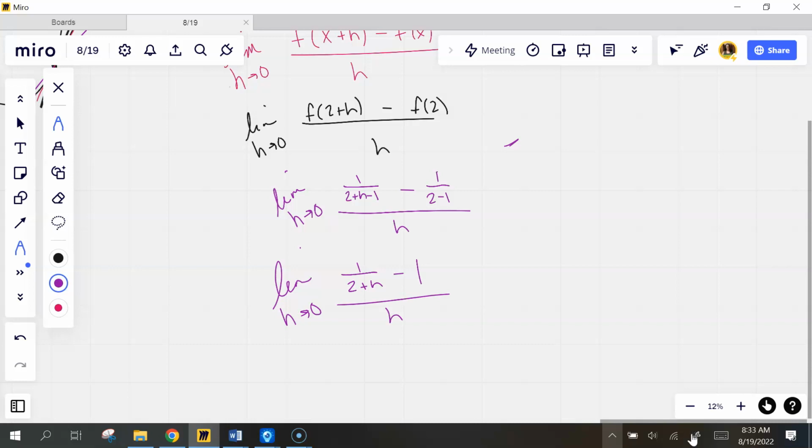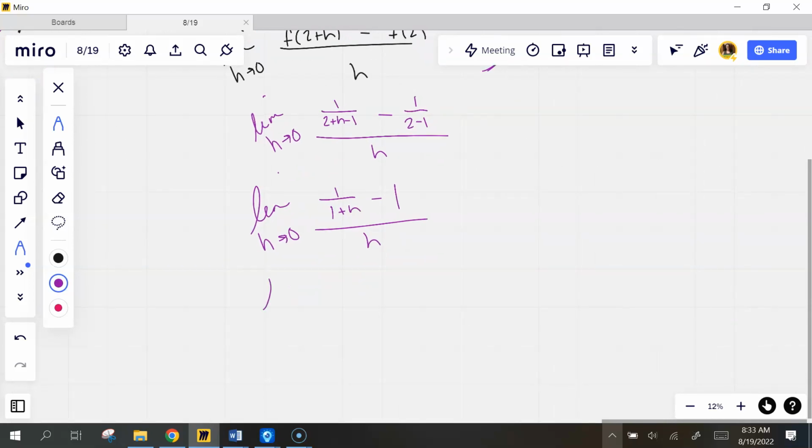I'm sorry. You are correct. That's a 1 there. Sorry. So now this is the limit as h approaches 0. I need common denominators to start, or we could go ahead and multiply through by the, I'll do common denominators and see what happens.